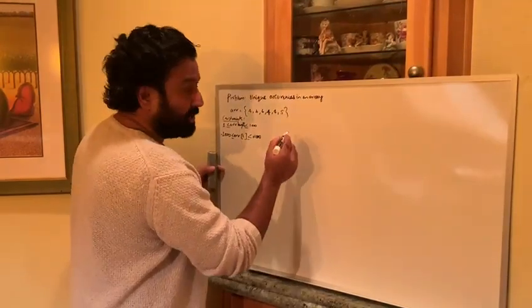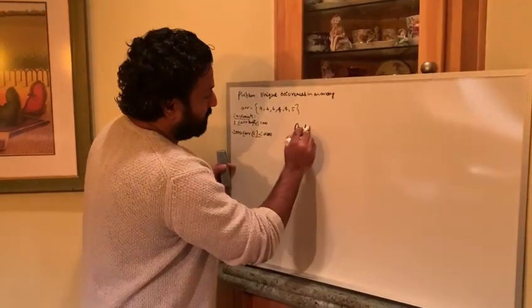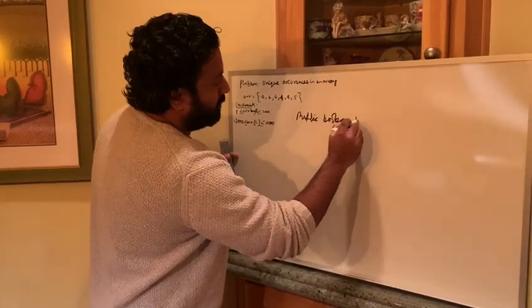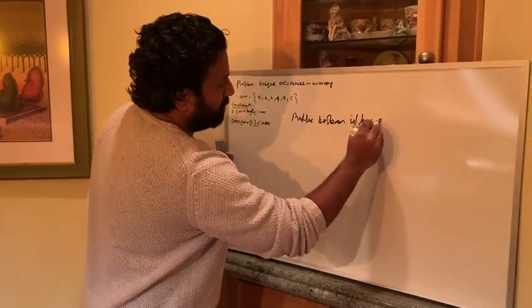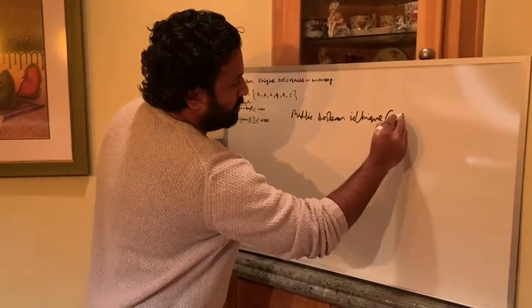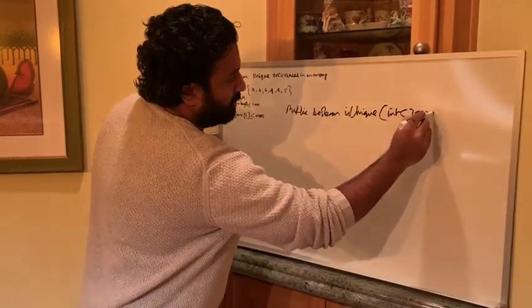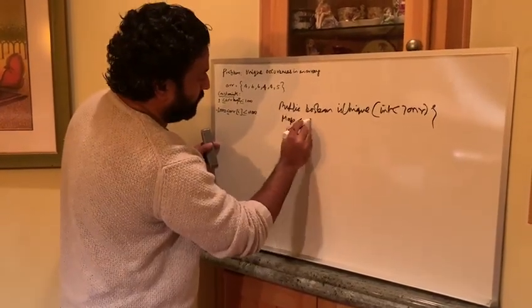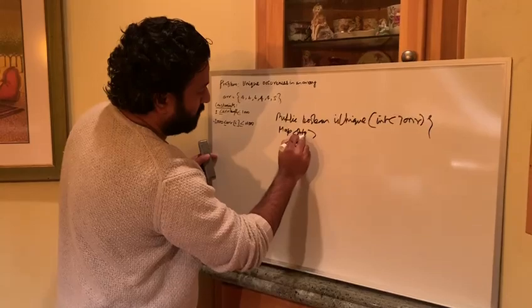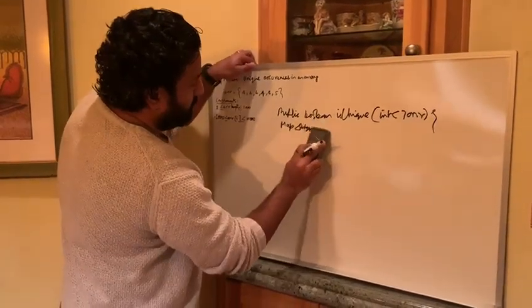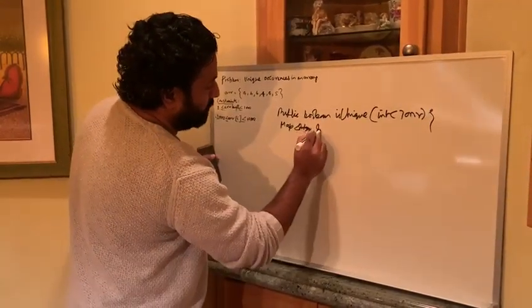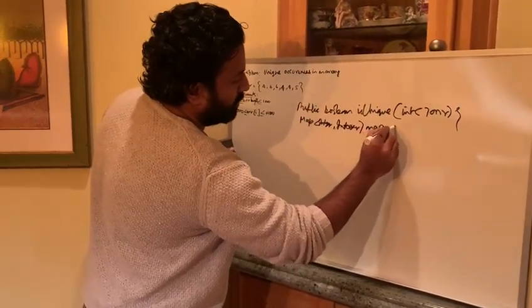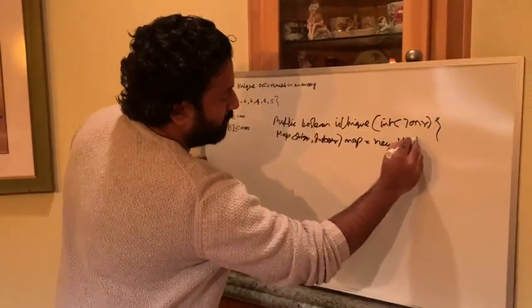For example, let us see the code. Public boolean isUnique has an integer array as an input. We create a map of Integer, Integer, so Map, new HashMap.